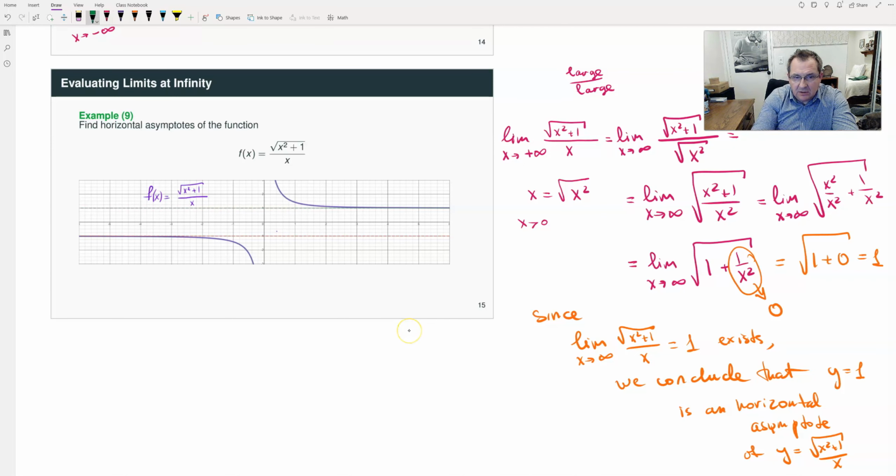Let us now consider the other case, the limit when x approaches negative infinity of the square root of x squared plus 1 divided by x. In a similar fashion, we can replace x with negative square root of x squared.